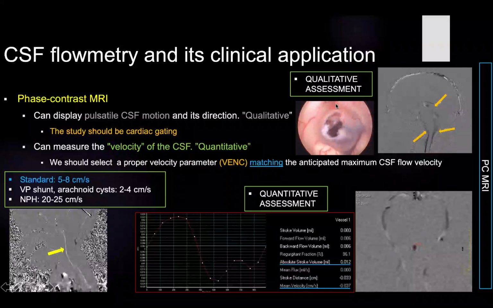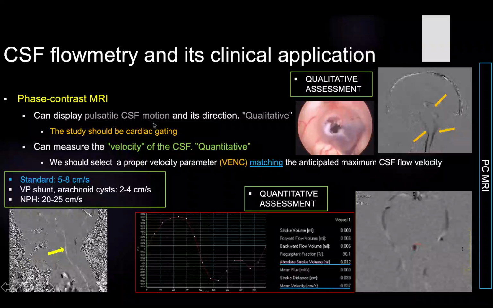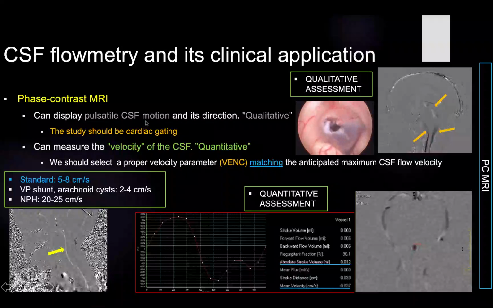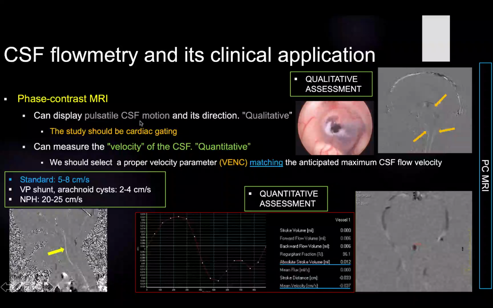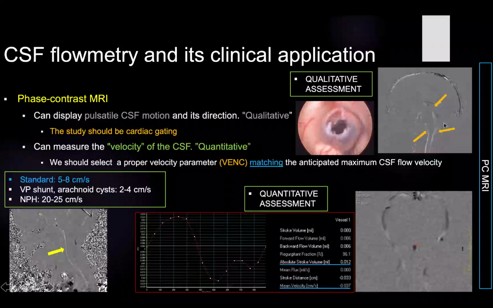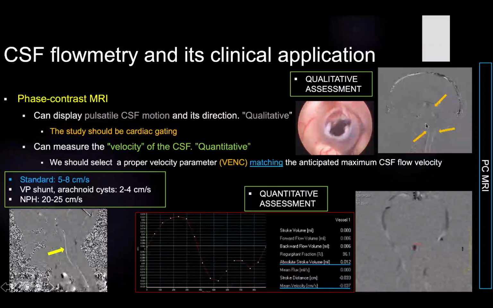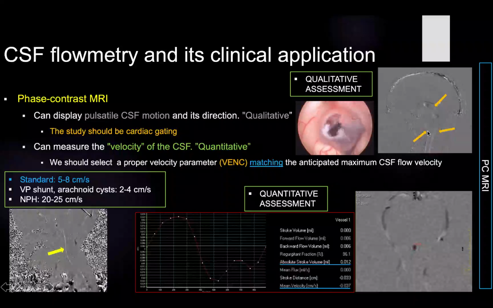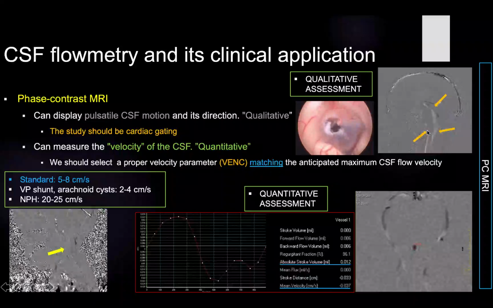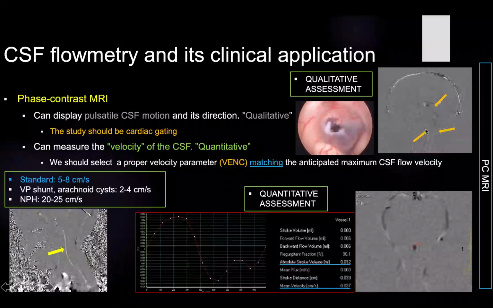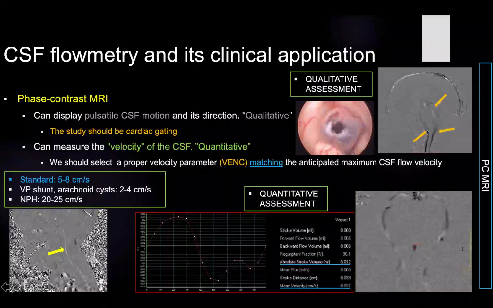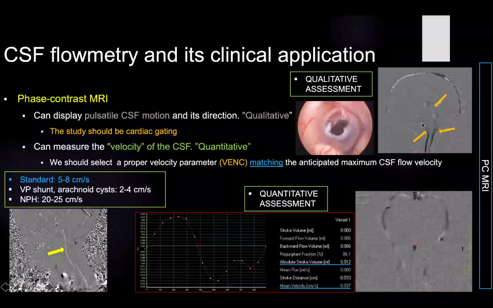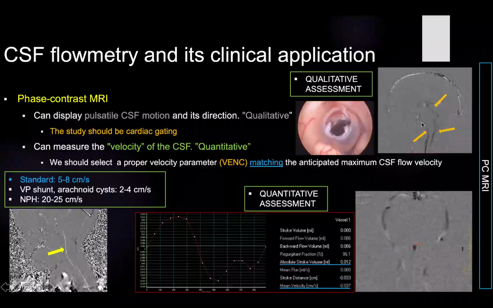So this is one of the first important applications of CSF flow: to detect that there is CSF flow at these sites, and it shows the free communication or free movement of the CSF flow and its direction by depicting the alternating bright and dark signal.